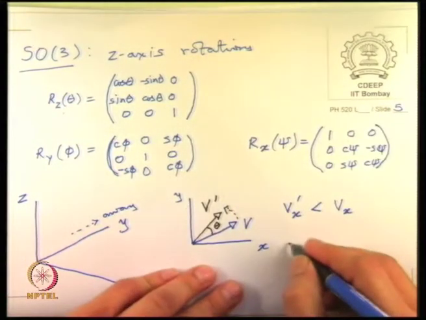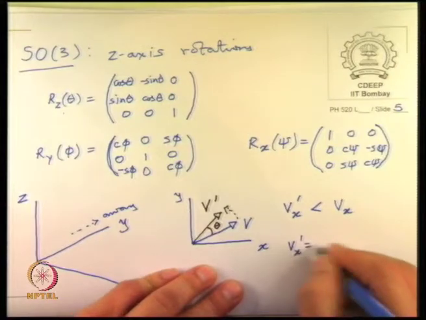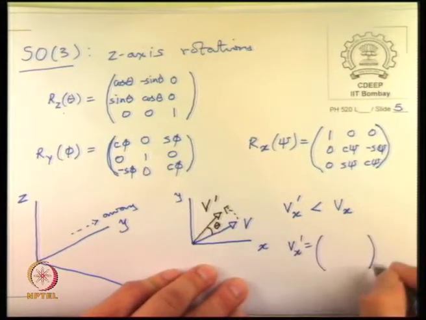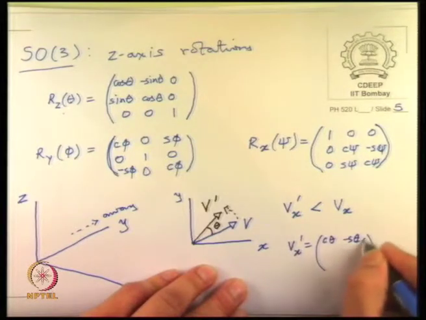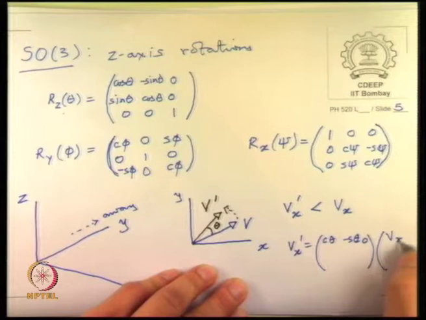So Vx prime is going to be found from cos theta, minus sin theta, 0 acting on Vx, Vy, Vz.